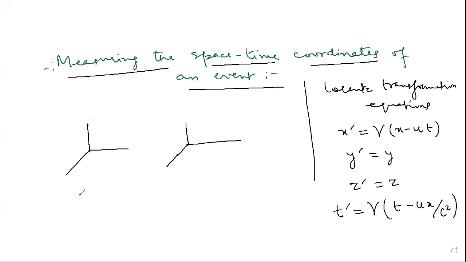We have two observers. One is observer S. Second is observer S prime.